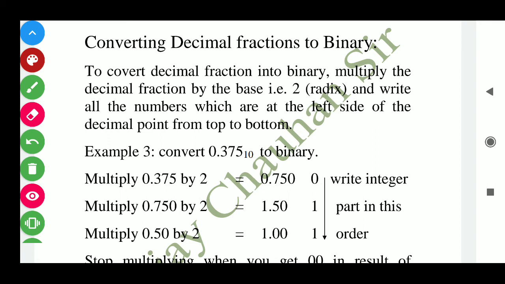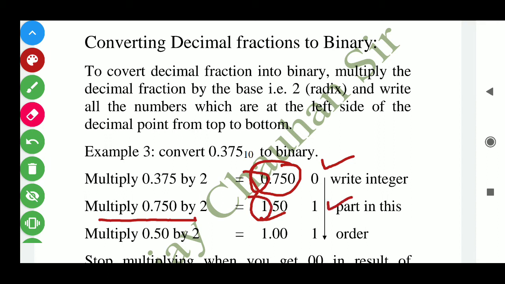So this 0 you write here in this part, in this order. Now this complete value you have to multiply by 2 here. So your answer will be this one, and your integer value is this one. Write this one here.